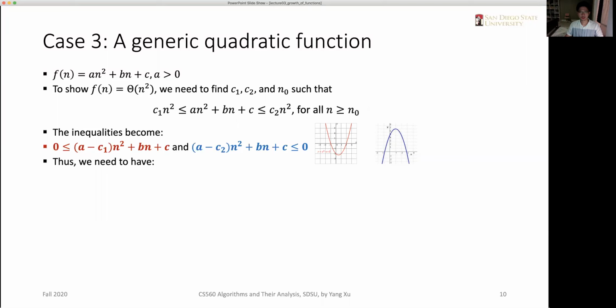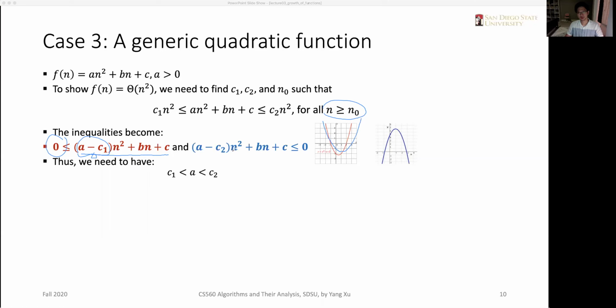Okay, so if we want some quadratic function to be greater than 0 for all the n's, then we must have the quadratic term to be positive. So if we want this quadratic function to be greater than 0 for all the n that's greater than n0, then we must have this term a minus c1 to be positive, so that the quadratic function is in the upward shape, right?